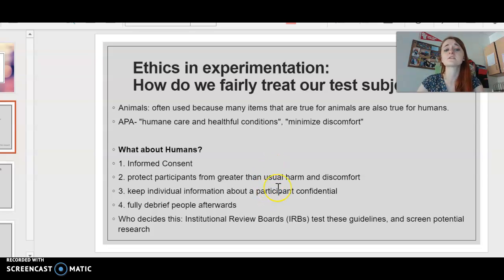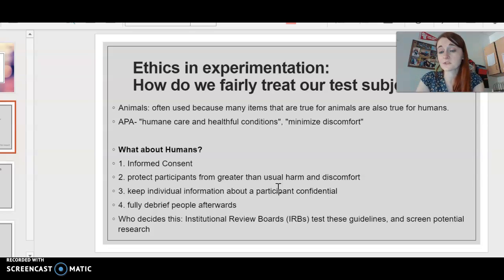The last one is about fully debriefing people afterwards. You finished your experiment, you should tell them what were the results. What have we now learned? How has knowledge been improved because of the experiment that they participated in? Okay. Who decides all this? That would be the institutional review boards, or IRBs, which you will frequently see on AP exam questions.